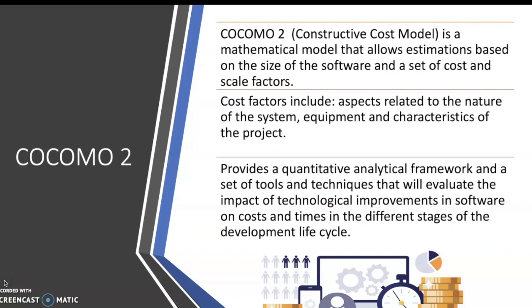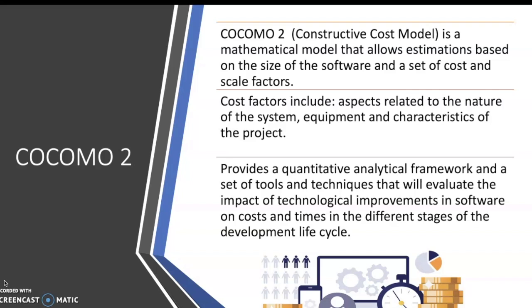COCOMO 2 is a mathematical model that allows estimation based on size of the software and a set of cost and scale factors. Cost factors include aspects related to the nature of the system, equipment, and characteristics of the project. Scale factors include the portion of scale produced as a software project increases in size.